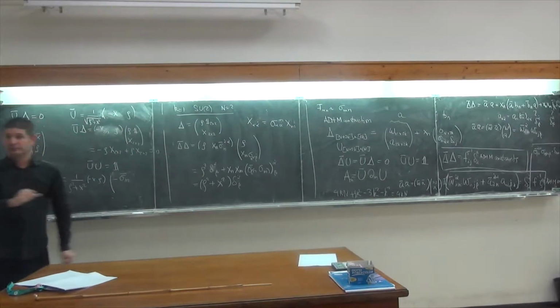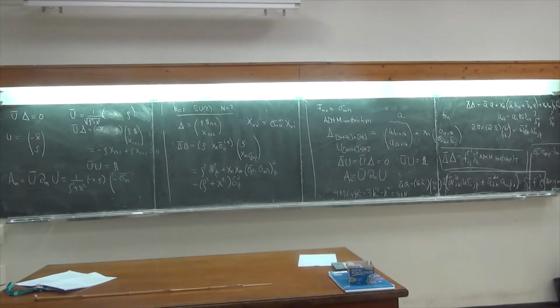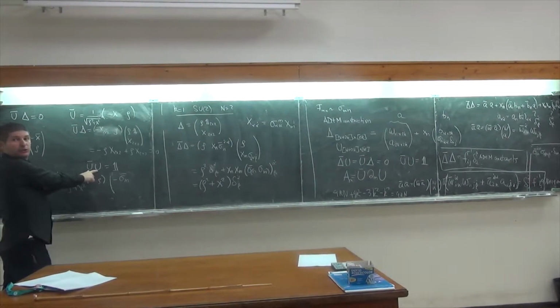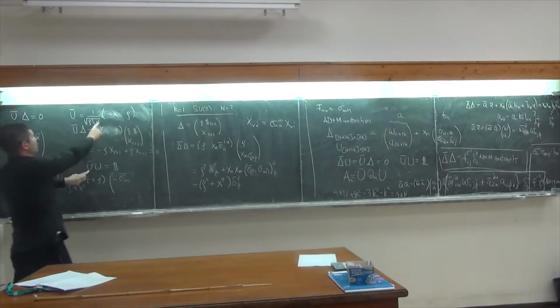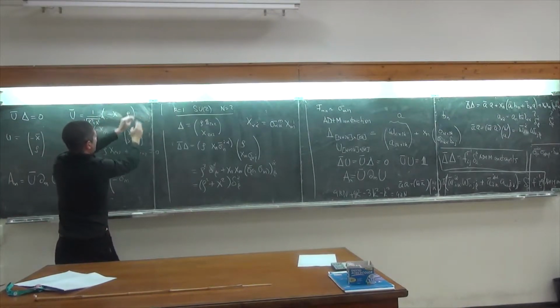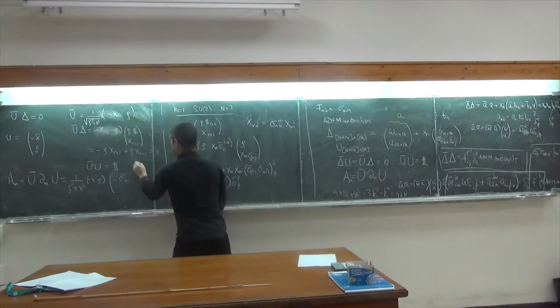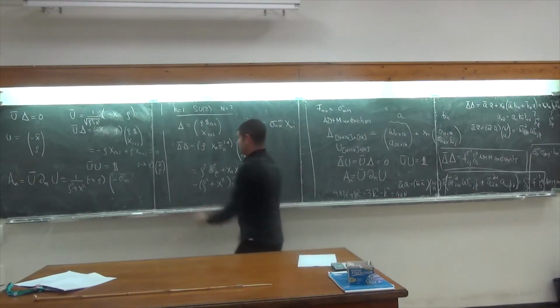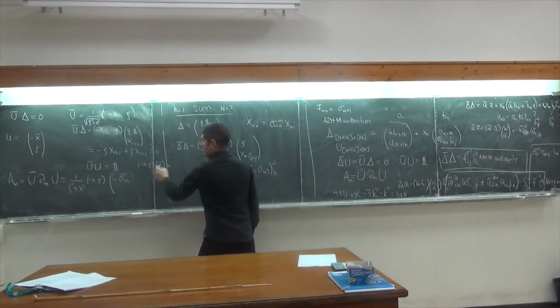Francisco, does it still work with the normalization like that? Because there was this condition: u bar u should be equal to 1. Yeah. Therefore, you see that if I take u bar times this, if I take minus x rho times the bar of this, which is x bar rho, this is again x squared plus rho squared.